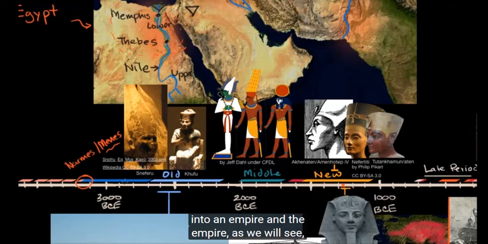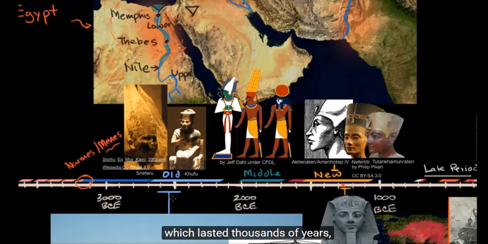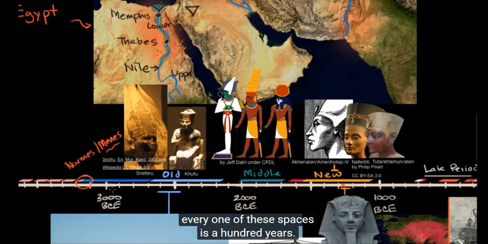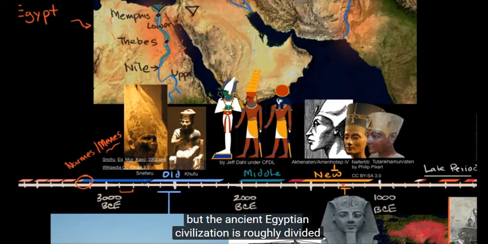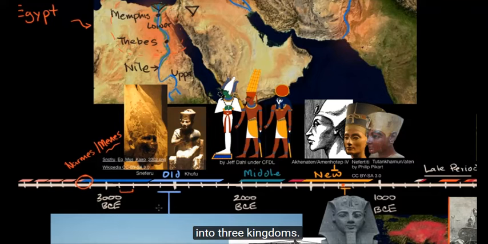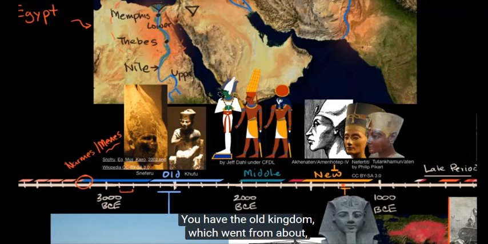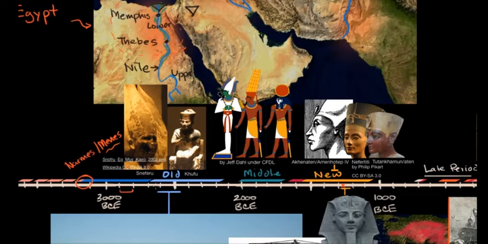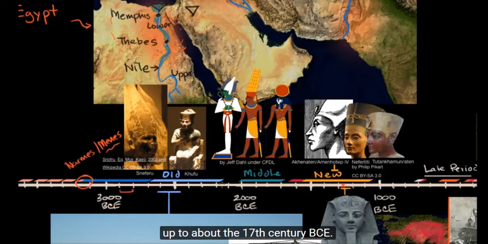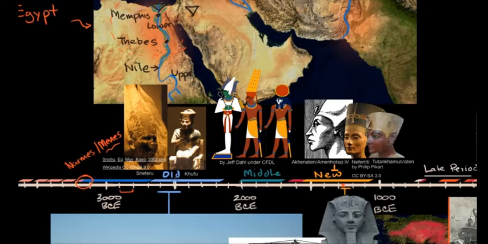And the empire, as we'll see, lasts thousands of years, and every one of these spaces is 100 years. So we're going to go over a huge time span. But the ancient Egyptian civilization is roughly divided into 3 kingdoms. You have the Old Kingdom, which went from about the 27th century BCE up to about the 17th century BCE.